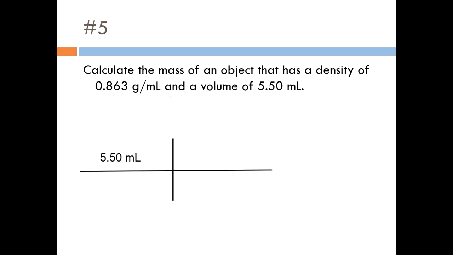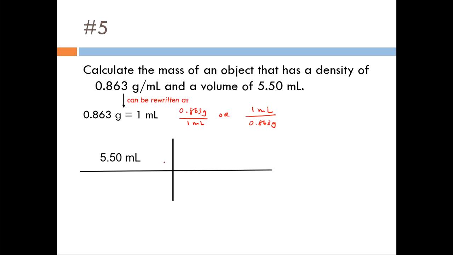Couldn't that be used as a conversion factor? It could, right? So here, if we were to write it as a ratio or a fraction, we have 0.863 grams per milliliter. Could we also write it the other way? Not that I'm saying we're dividing it like this, but just looking at it in ratio form, either one of these would work as a conversion factor.